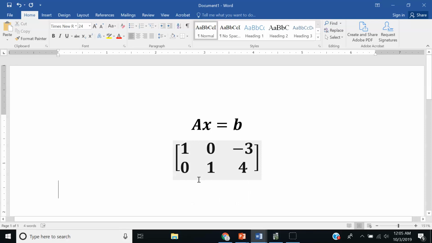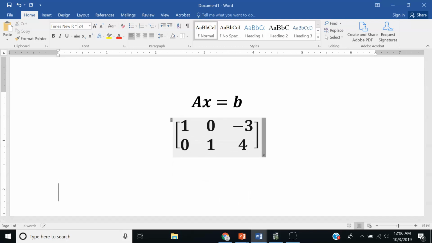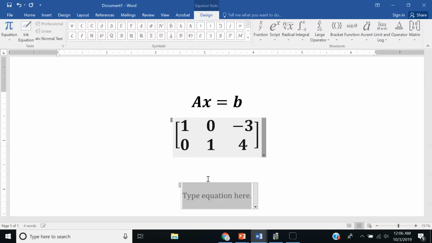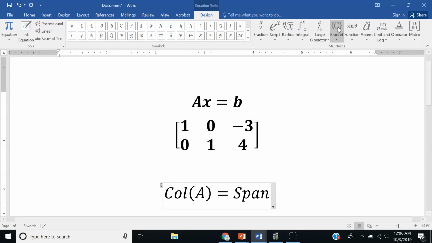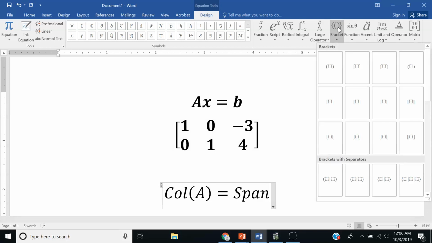But when I'm thinking column space, I'm thinking of pivot columns. So the column space of A is going to just be the span of my first two vectors.